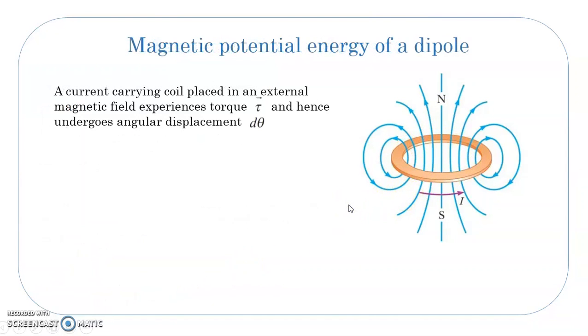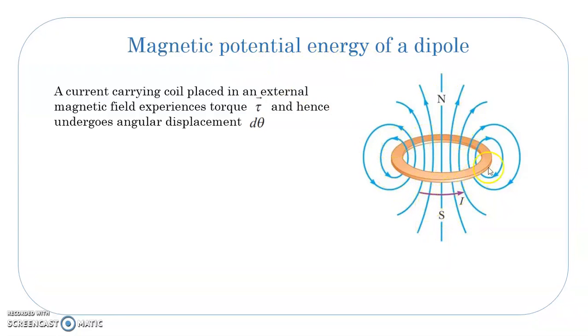A current carrying coil behaves as a magnetic dipole, producing a magnetic field around it. We know that a magnetic dipole freely suspended in an external magnetic field possesses magnetic potential energy because of its orientation in the field.